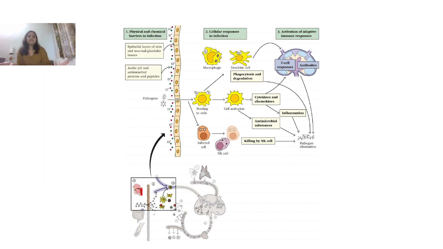Then ideally every pathogen should enter our body, but this is not the case because there are many layers present which eliminate the pathogen. So this is an overall view of our innate immune system, which can function at various levels to stop the pathogen from entering our body.